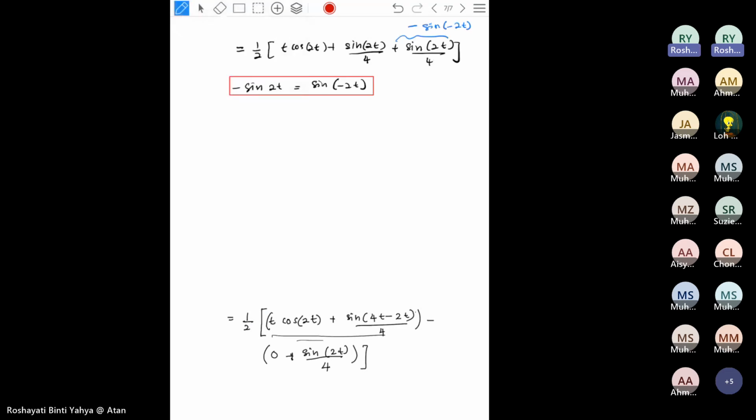And then equal to 1 over 2, cos 2t plus 2 sin 2t, and then over 4, equal to half. Dah. Semua okey tak?